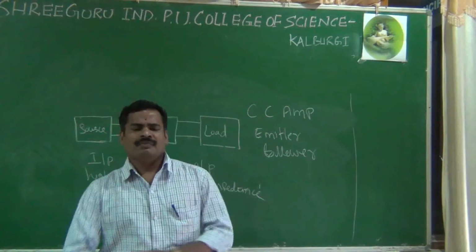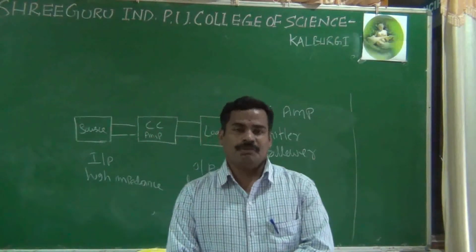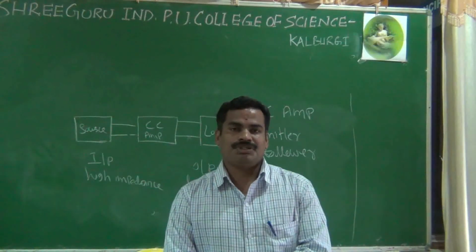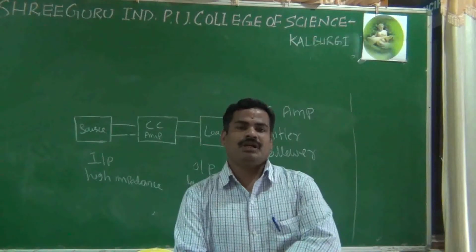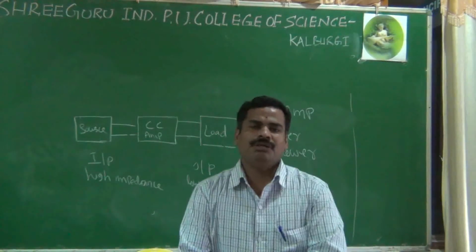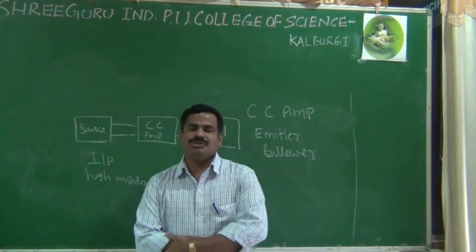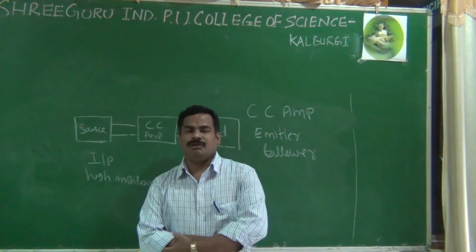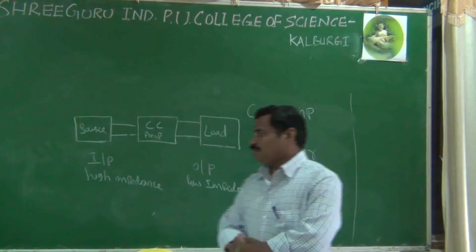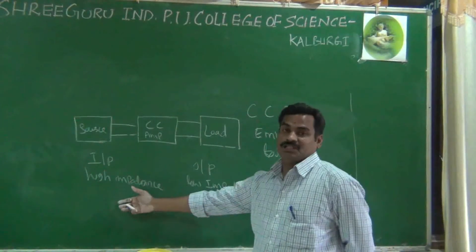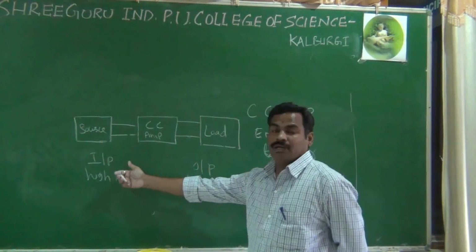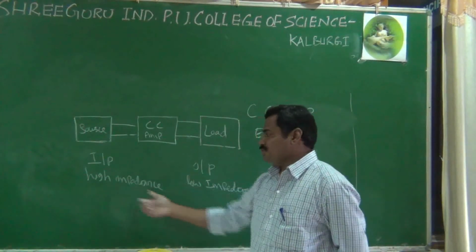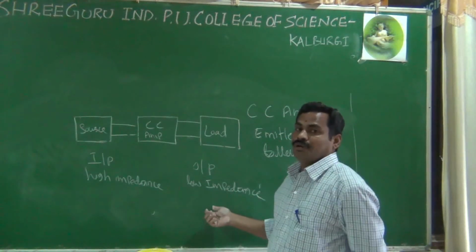And finally, you are also using this common collector amplifier in power amplifiers. No doubt you have very little voltage gain, but still you use the common collector amplifier because of the most important property, impedance matching: high input impedance and low output impedance.